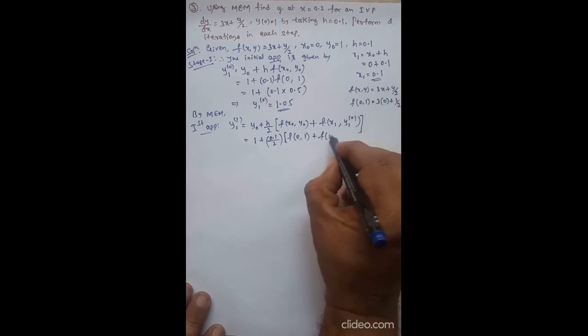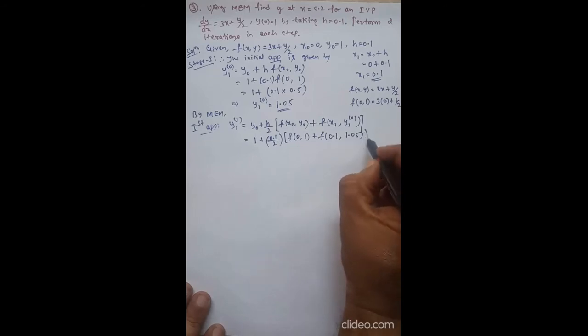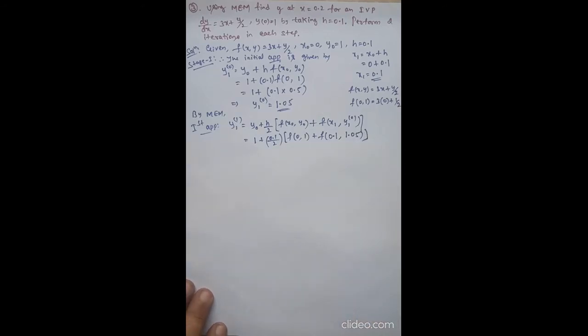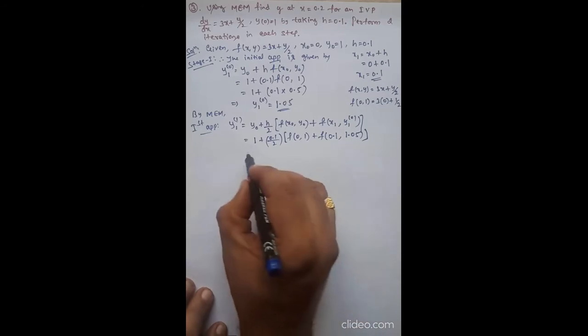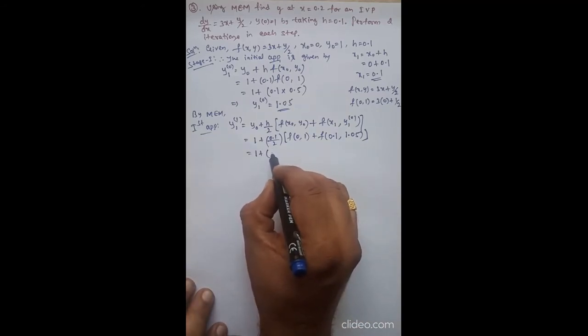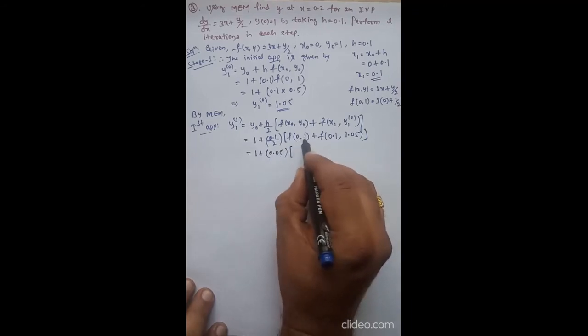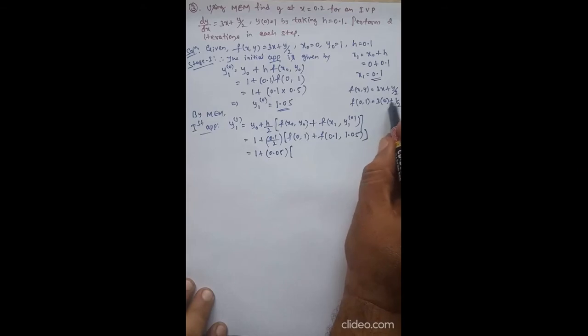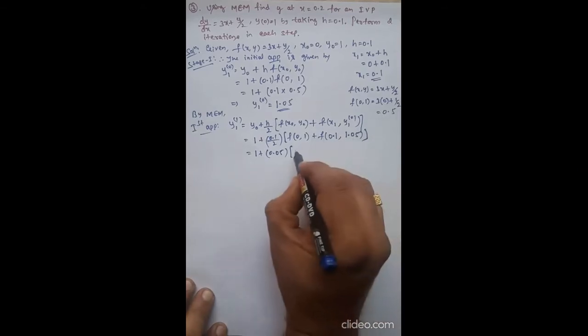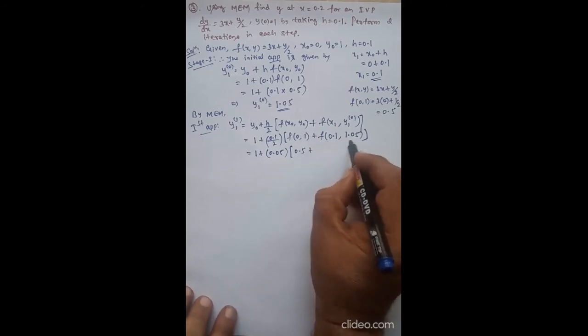Calculated here. 0.1 comma y1 power 0. y1 power 0 is 1.05. Now this is equal to 1 plus, see 0.1 by 2 means 0.05 into f of 0 comma 1 already calculated. So it is 0.5 plus this one directly I will calculate here.